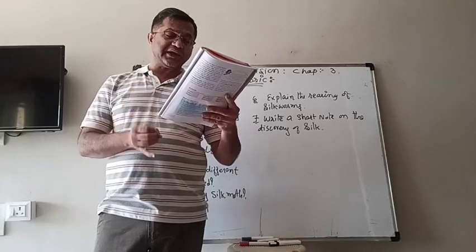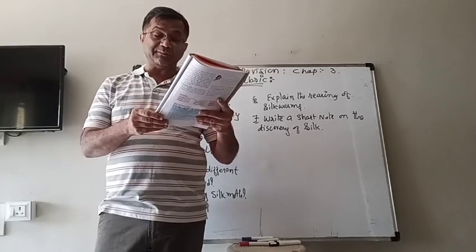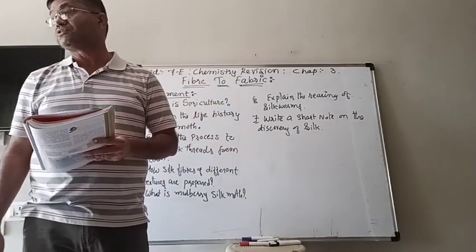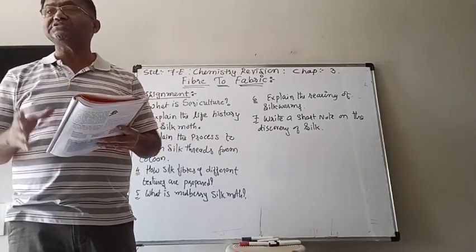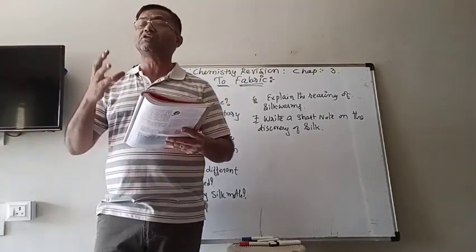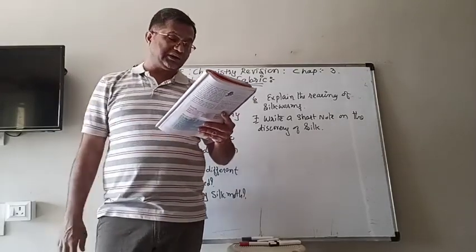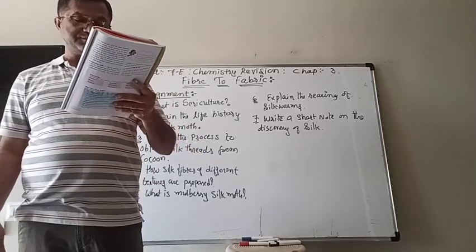The silk industry began in China and was kept a closely guarded secret for hundreds of years. Nobody knew about it, and therefore nobody knows the original time of the discovery.